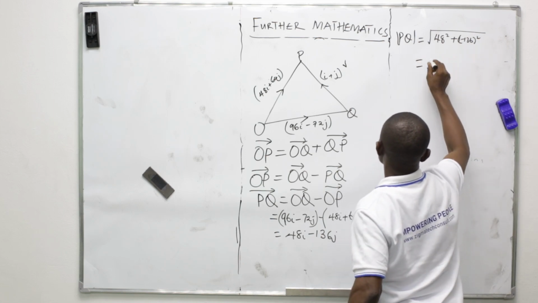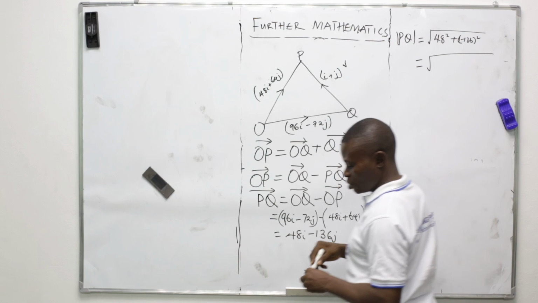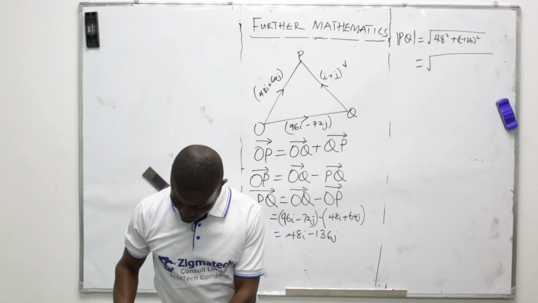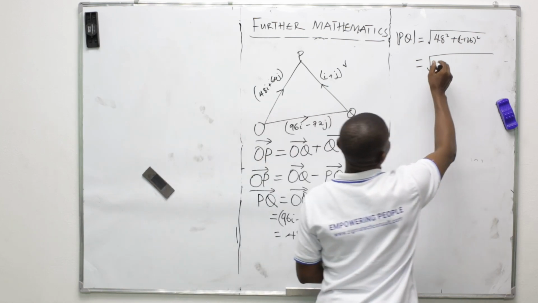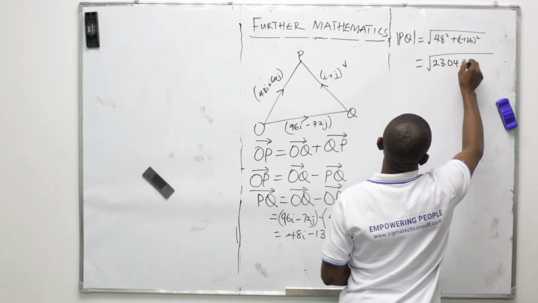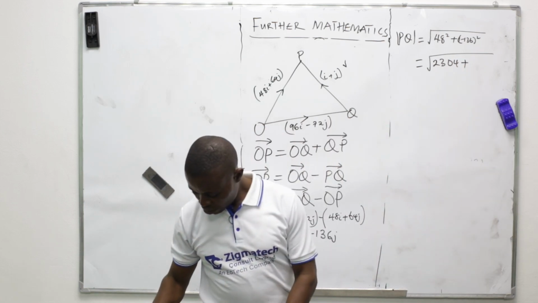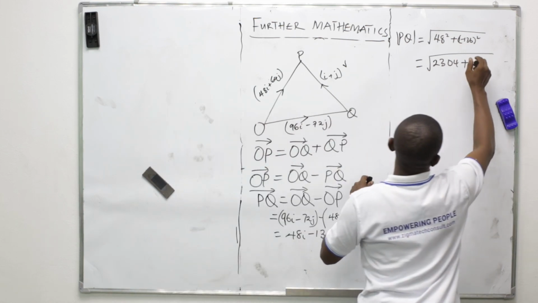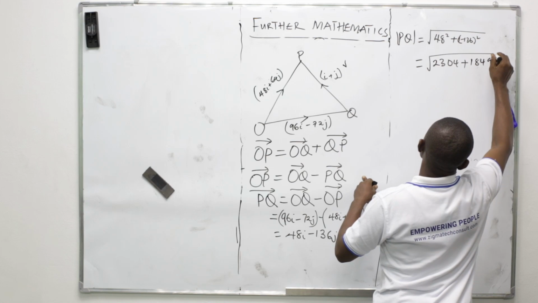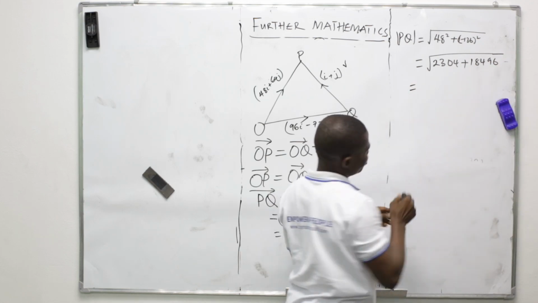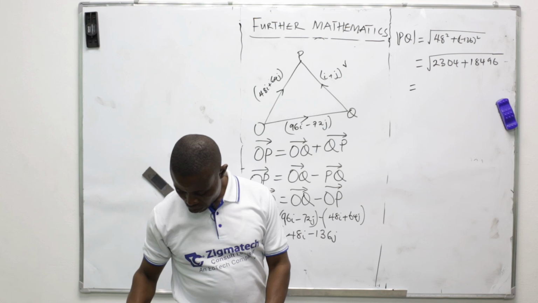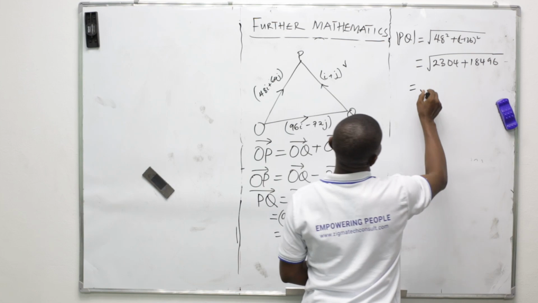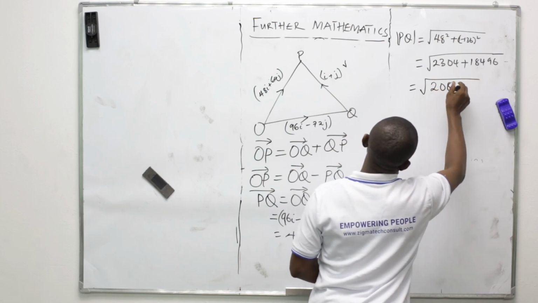This will give us root 48 squared, 2304, plus 136 squared, 18496, to give us 20800.